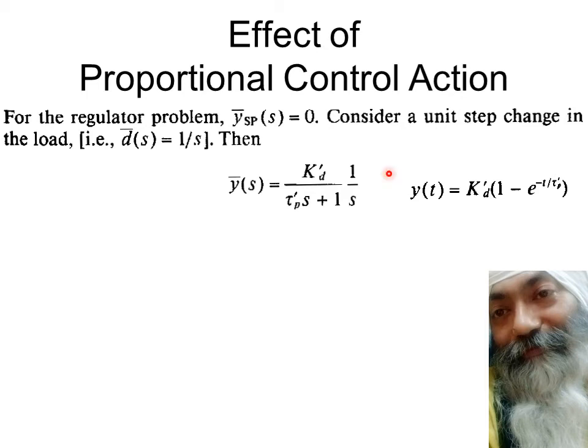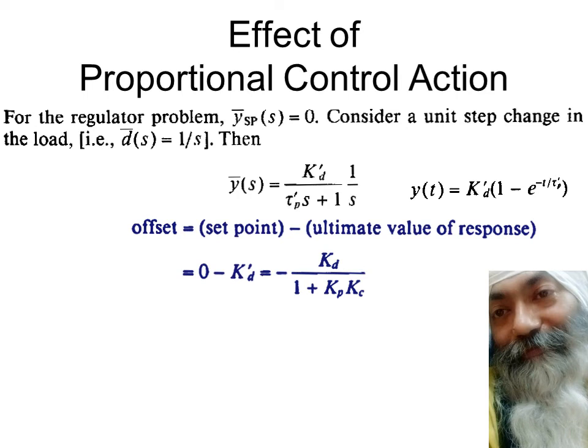Here again, the final value will be K'd when t becomes infinity, as this term will become 0. It's on the same lines. The offset is given by the set point minus the ultimate value of the response. We have not given any change in the set point, because it's a regulatory problem.